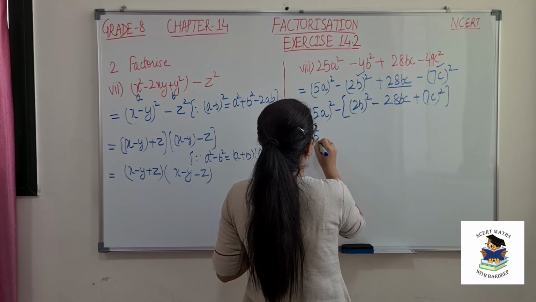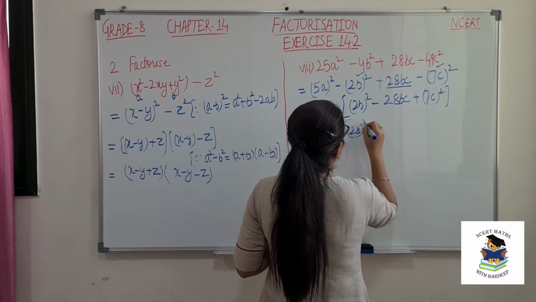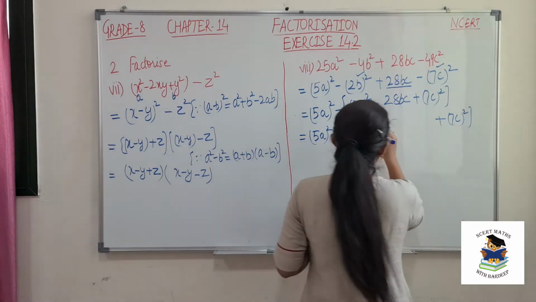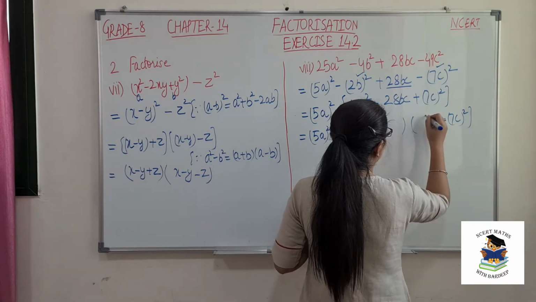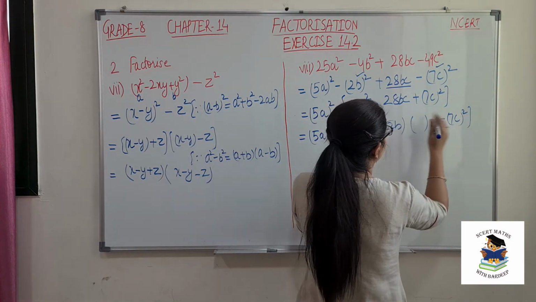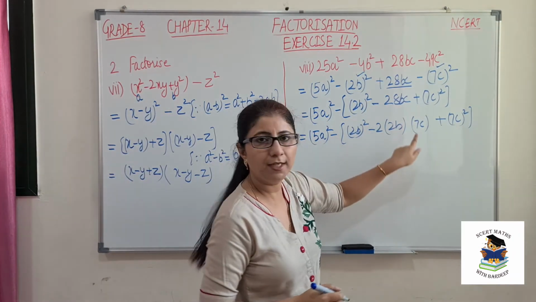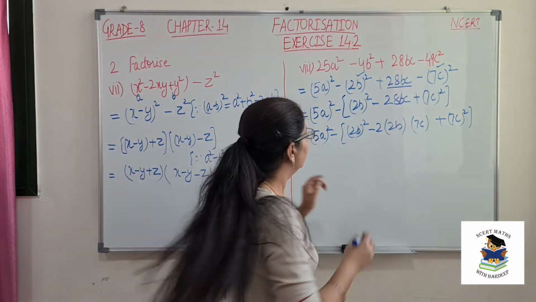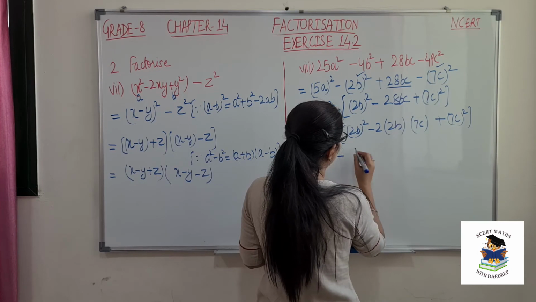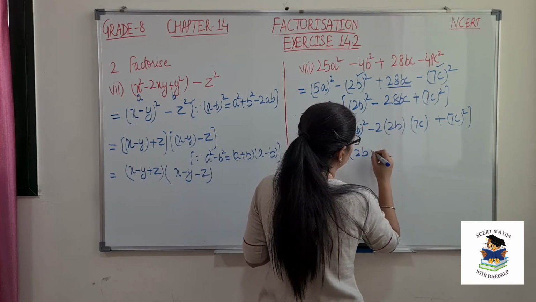Okay, so let's check. This is 5a square minus 2b square. This is 7c square, and here it should be 2 times ab. A is 2b and this is 7c here. So let's check. 2 twos are 4, 4 sevens are 28bc. Okay, so now we can use our identity, that is 5a square minus, what is our identity in this case? Minus a minus b.